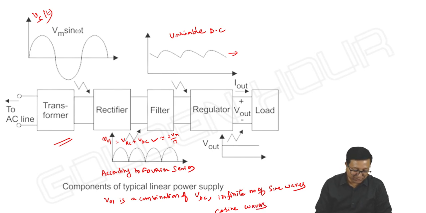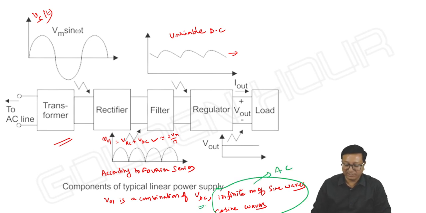This part, the infinite number of sine and cosine waves, is called the AC component, and the other is the DC component. So our concern is to produce the best possible DC.